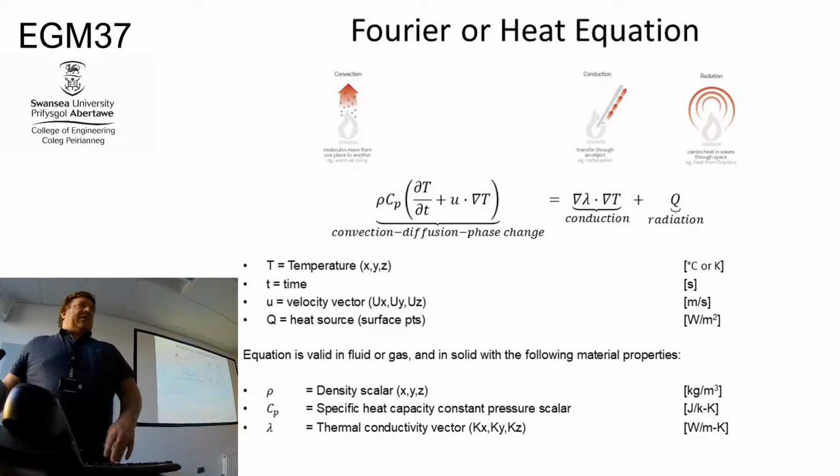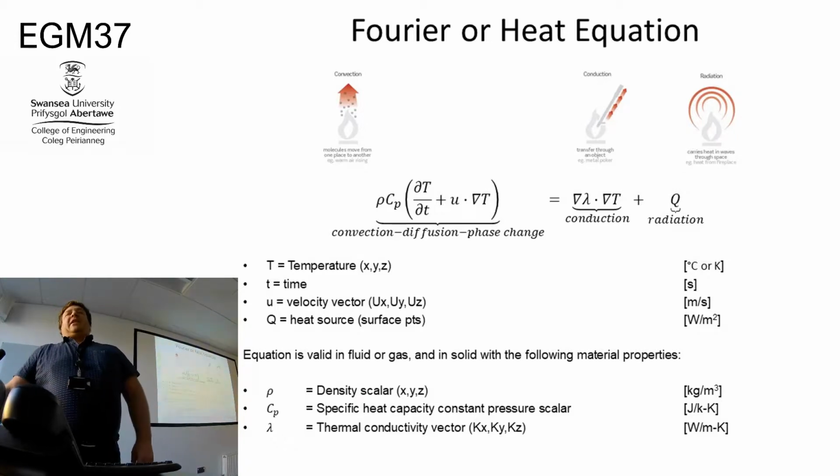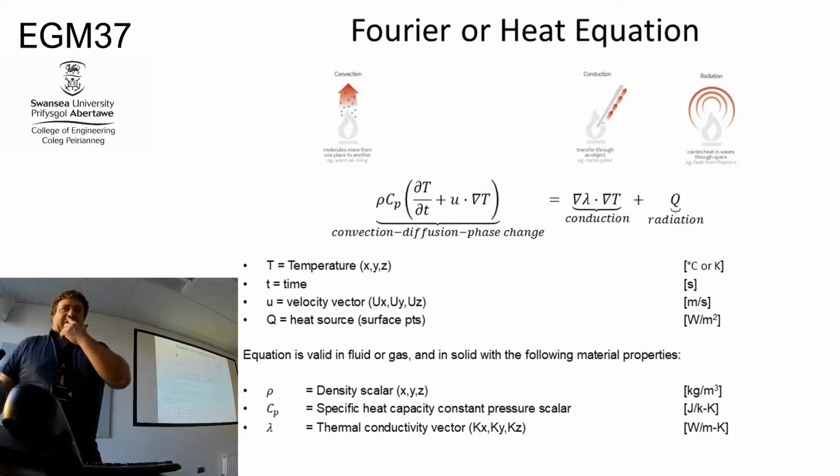Q is a surface-based source term of heat, which will drive the equations. If you're dealing only with a solid, that second term, u dot grad T, disappears. So this equation can be used to work out some temperatures.